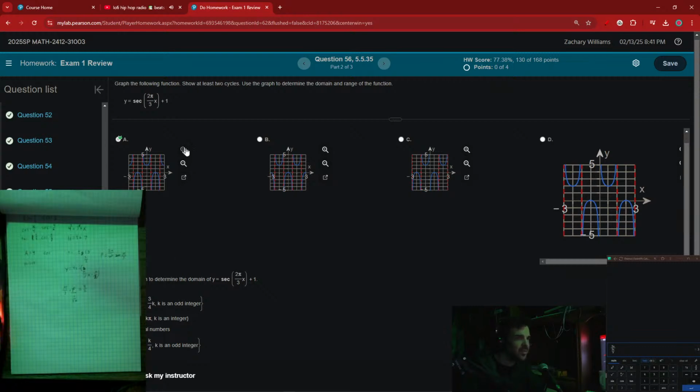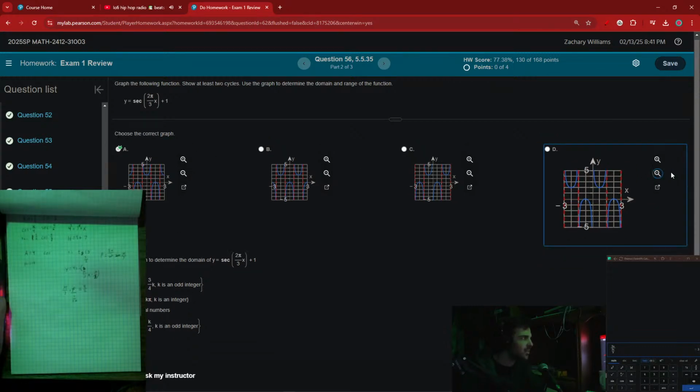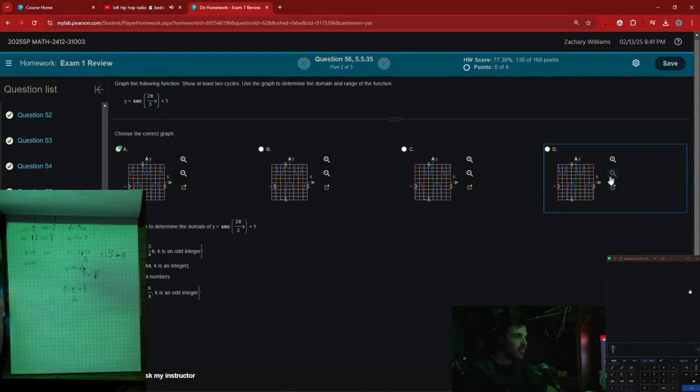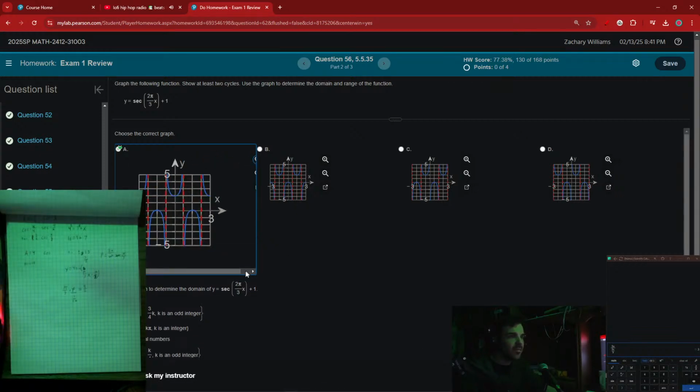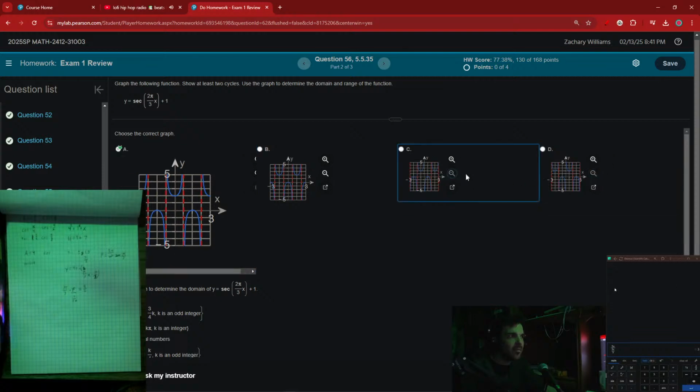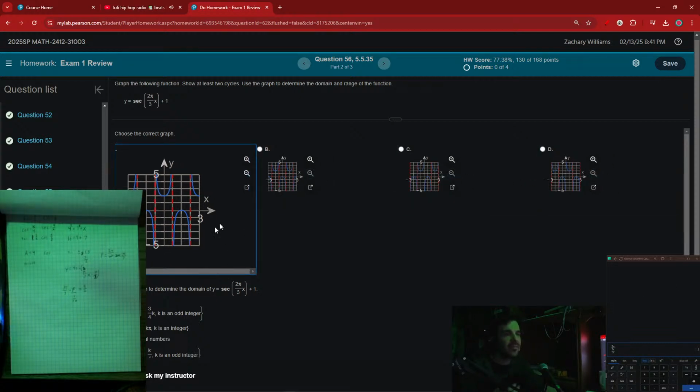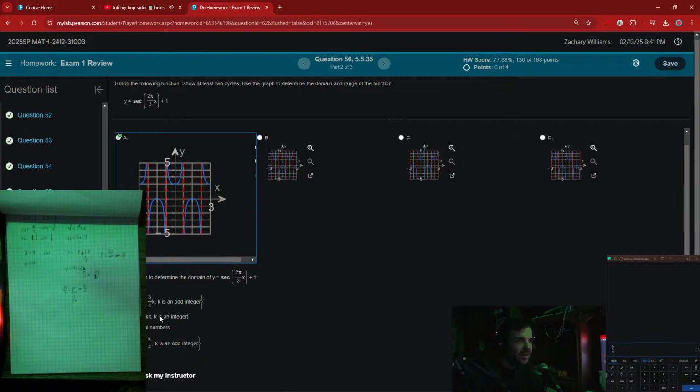Looks like we gotta, okay, so I'm gonna minimize this graph. It's not really helping. So yeah, I think it's odd integers. It's not a multiple of pi.